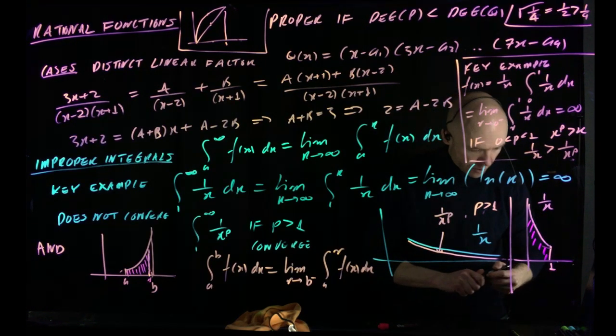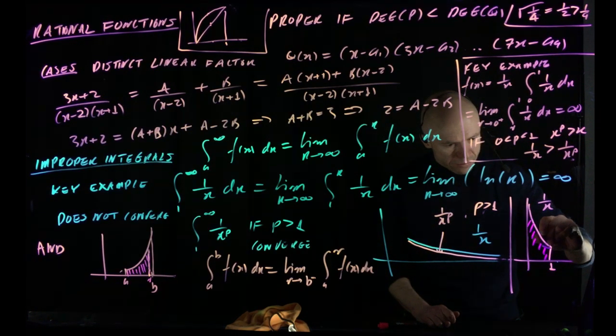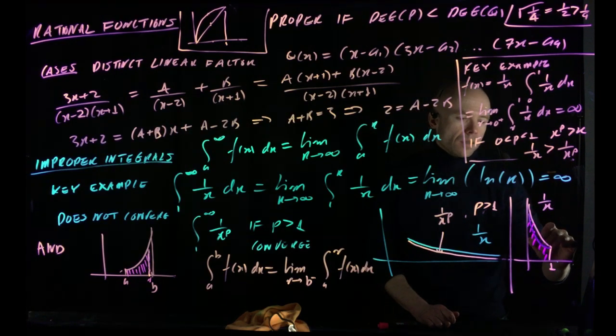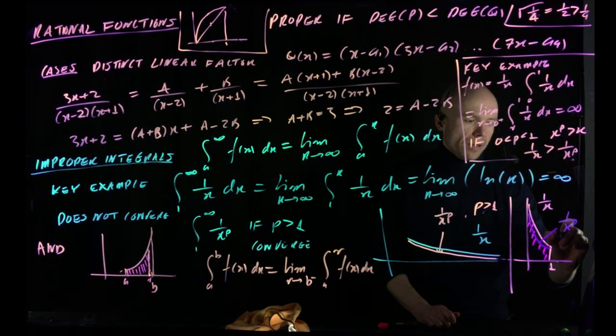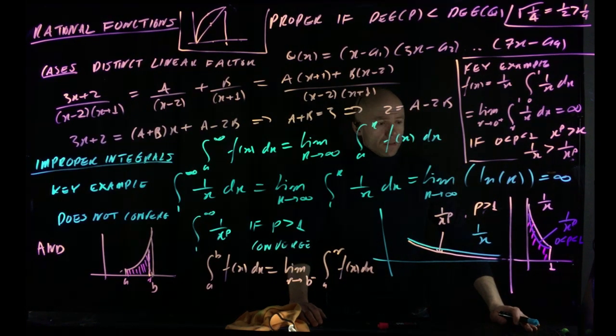So 1 over x to the p, change colors to blue, 1 over x to the p lives like this. It is underneath. Okay, so 1 over x to the p, 0 less than p less than 1. So this time, if we take p between 0 and 1, it's underneath the graph and it will actually converge.